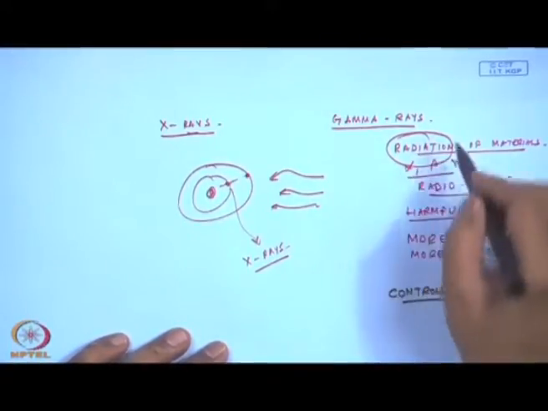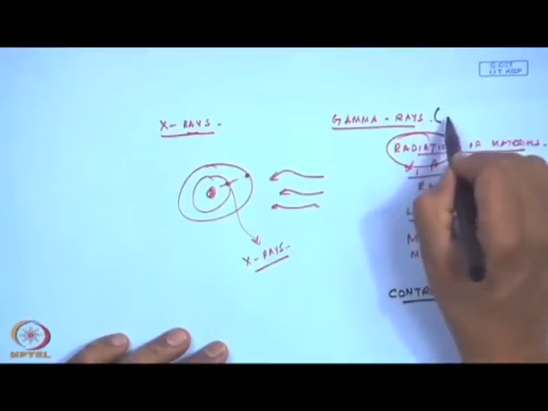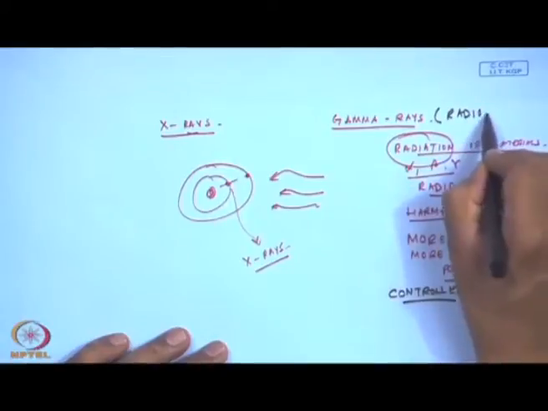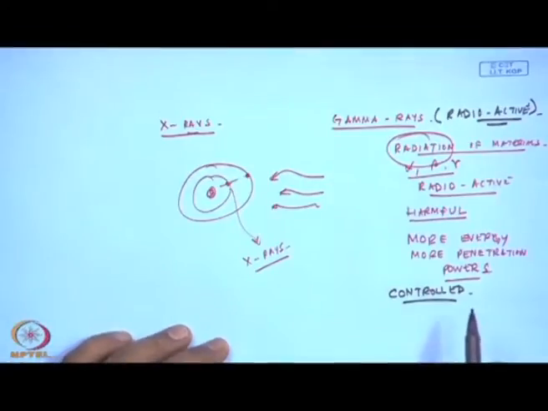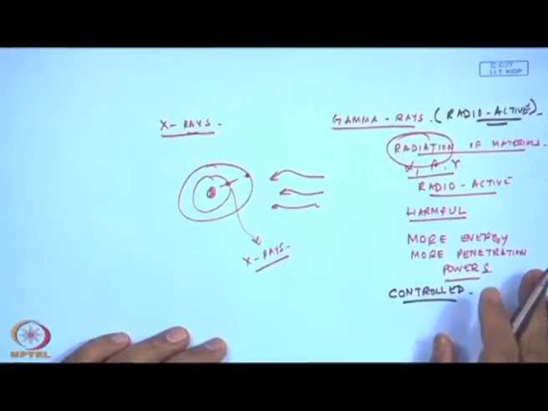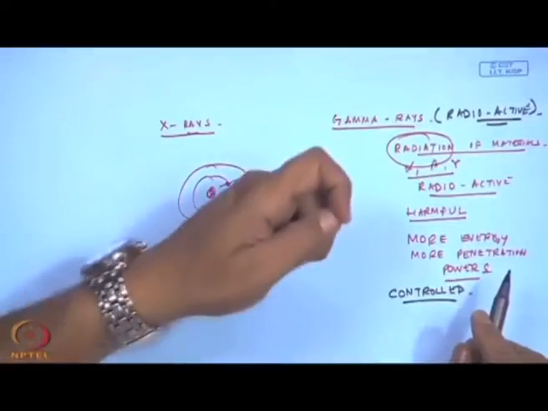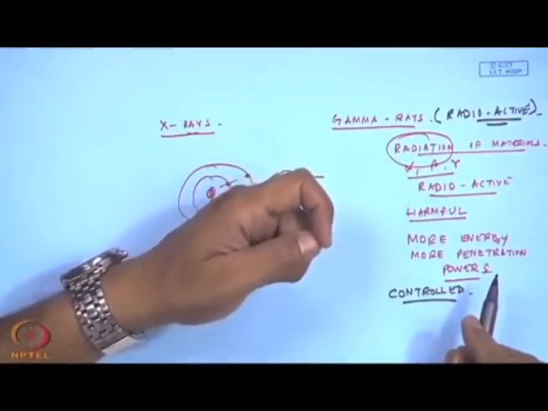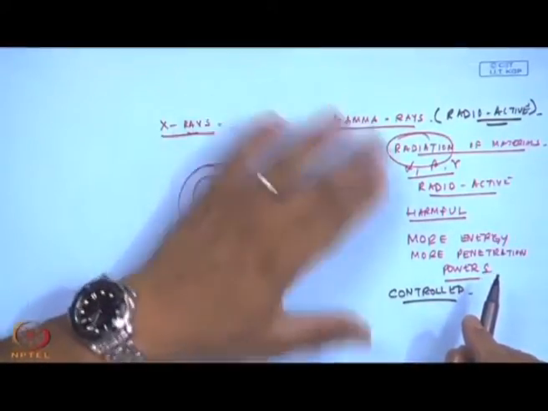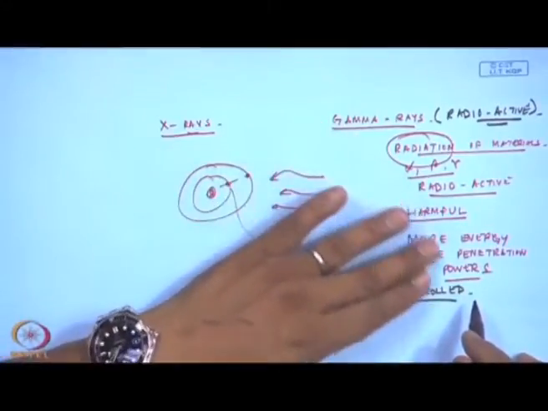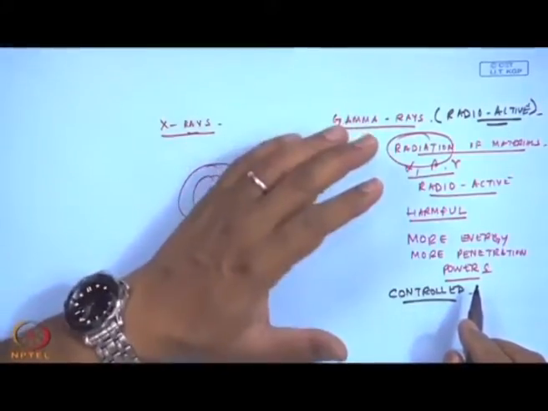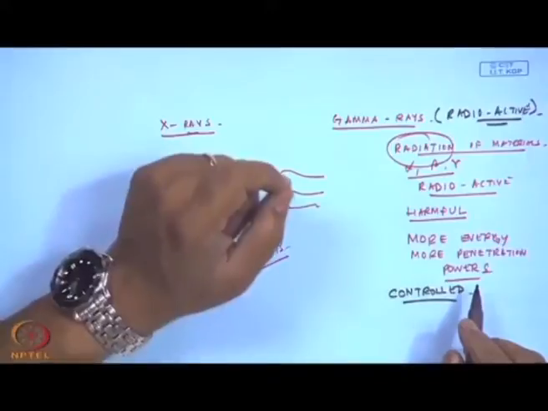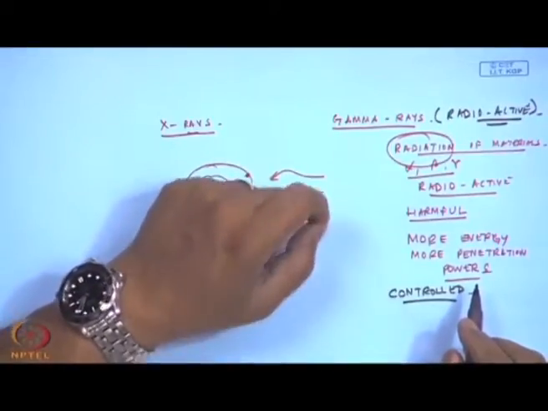But they are radioactive, and that is the factor for which we have to be careful while using gamma rays for NDT. Though people use it because a small amount of nuclear material can be used to generate gamma rays, and then they can be controlled and used for NDT testing. Okay, because the key point, be it X-rays or gamma rays, is that we use the energy of these waves to penetrate a material.